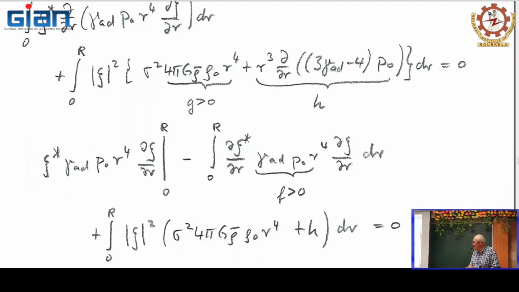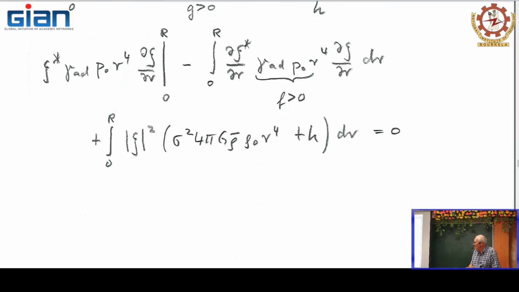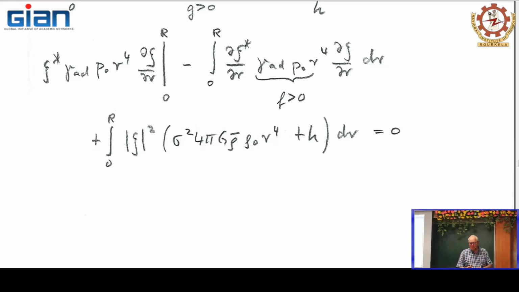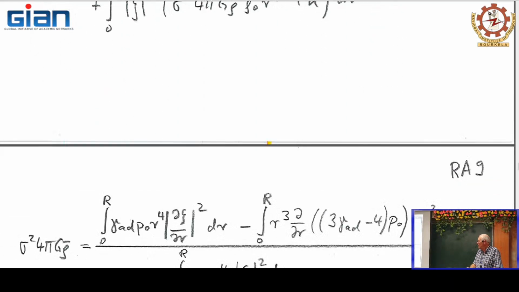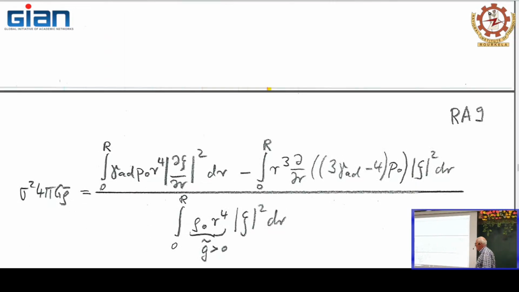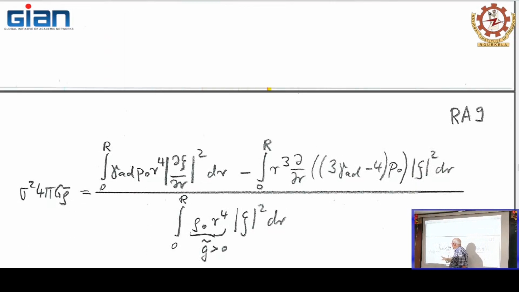Okay, so we can now solve the resulting equation for sigma squared. That's what we do. Okay, so sigma squared, we also take along with it the dynamical time scale, which is the root of G times the mean density.